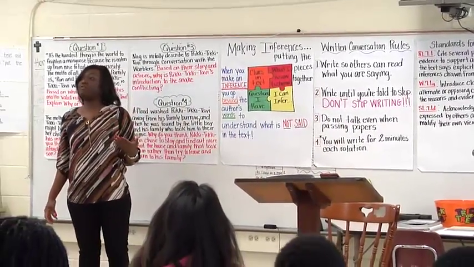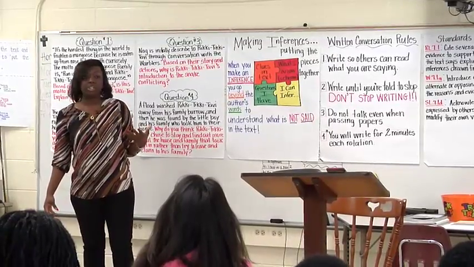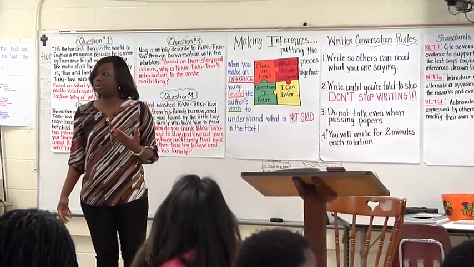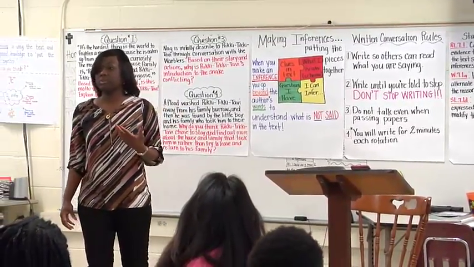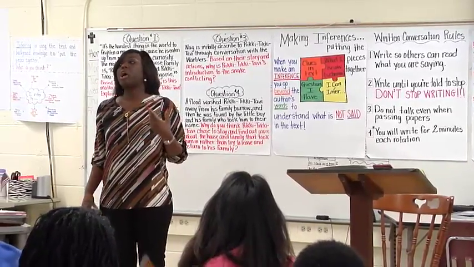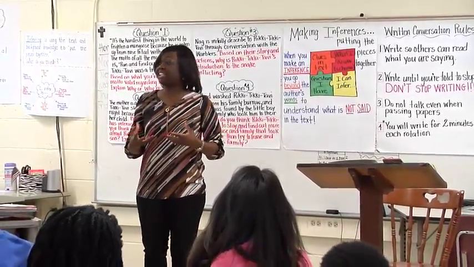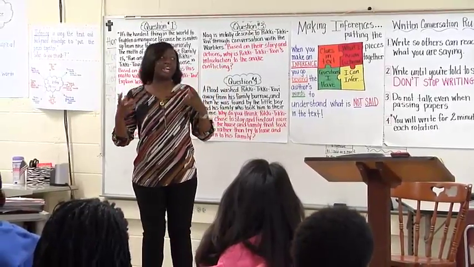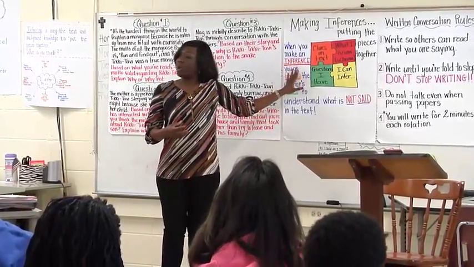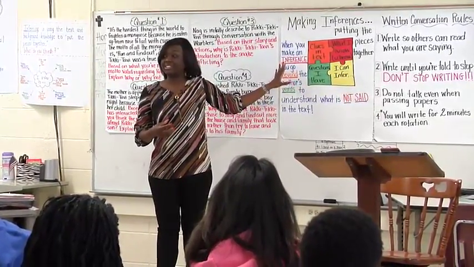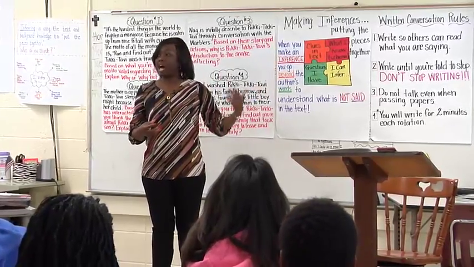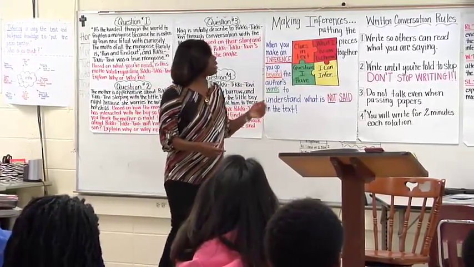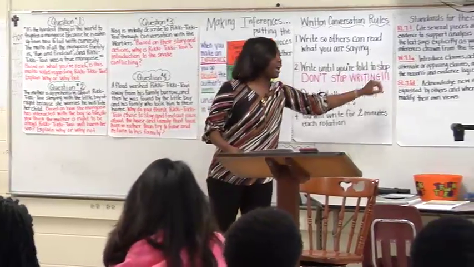And what is making inferences? What do you do when you make an inference? What are you using? What you already know and clues in the text. Okay, the evidence from the text, clues from the text, and what you already know to come up with what is not what? Said by the what? Author. What you do not see. And then we talked about writing.